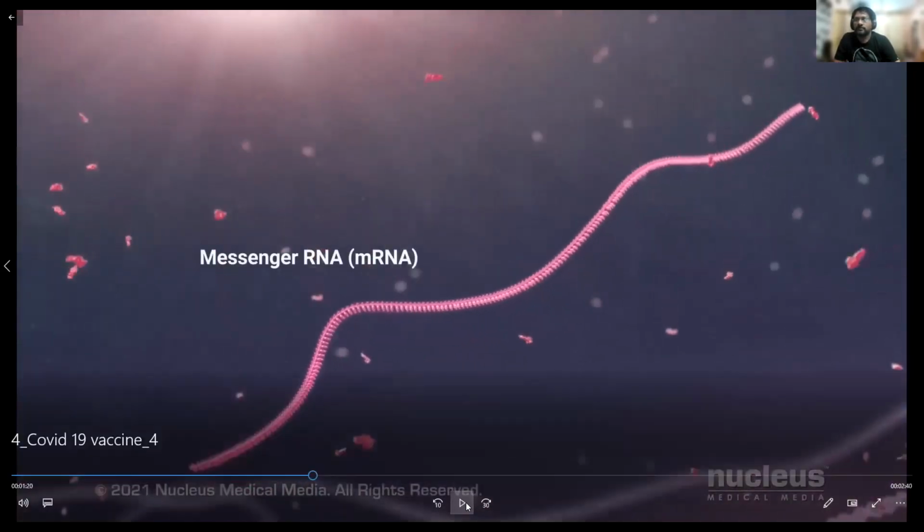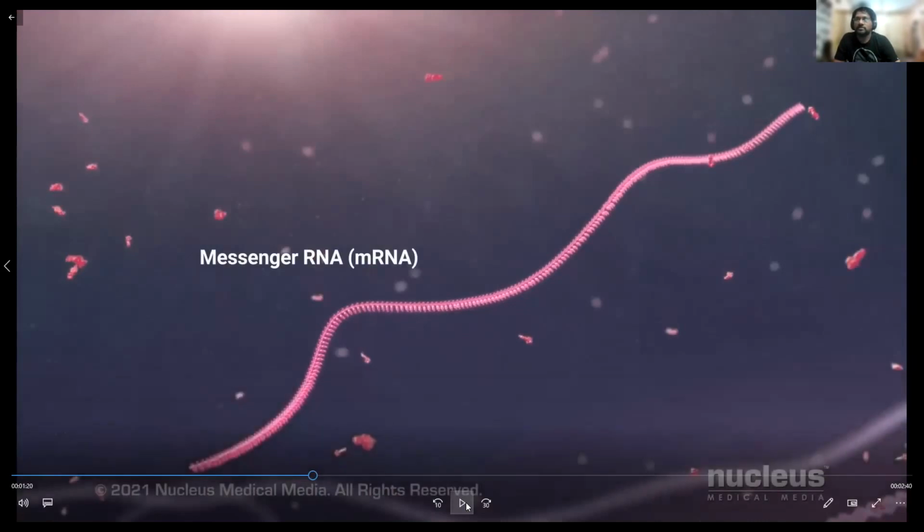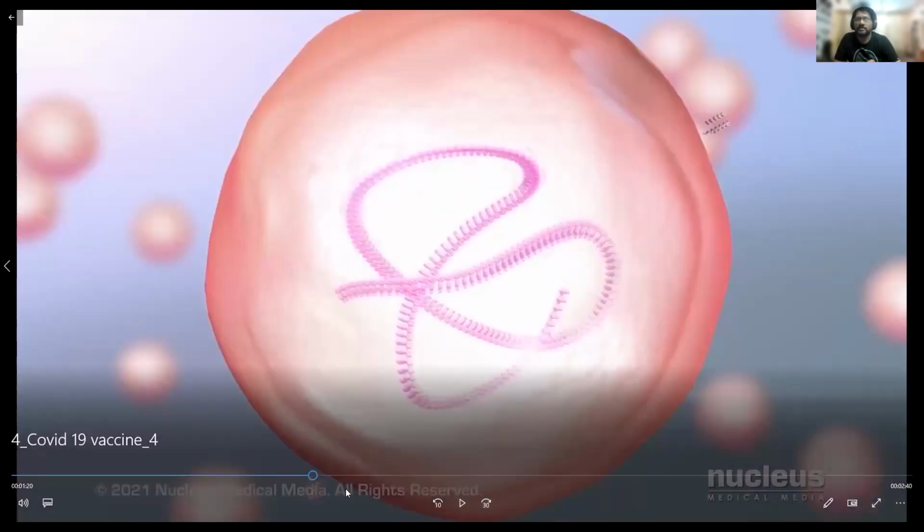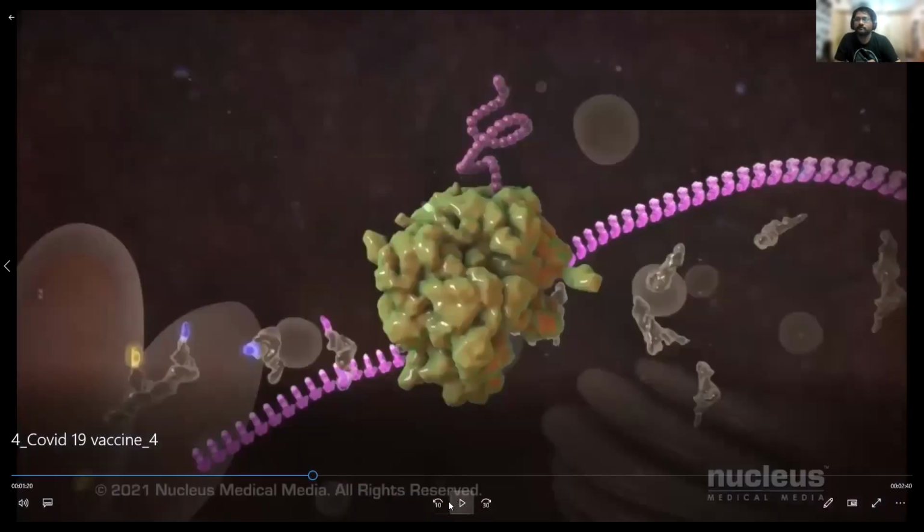Whenever a cell has to produce something new, it is given instructions in the form of mRNA. It goes out of the nucleus and starts protein synthesis in a very normal, general process. Protein synthesis happens in the cytoplasm. You can see these violet and yellow molecules; these are all raw materials, nucleotides.